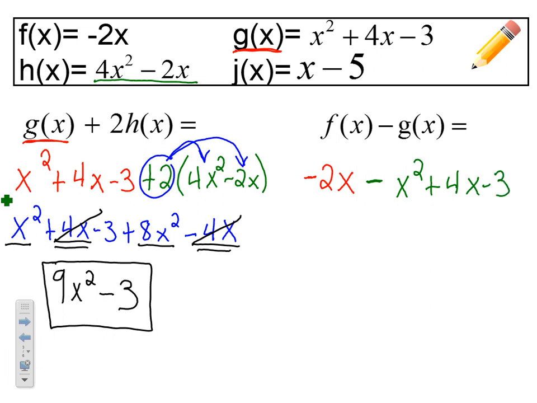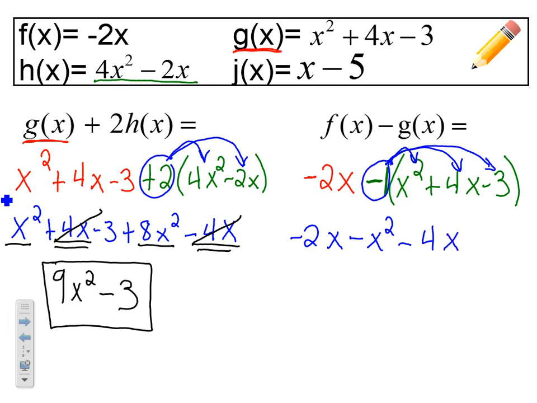Now, this negative is read like this, you guys. It's like we're taking the negative 1 times this function. So before we can do anything, we have to distribute this negative 1 throughout that function. So I'm going to keep my negative 2x, then I'm going to get negative x squared minus 4x plus 3.